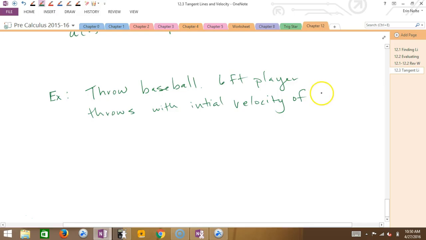Okay, with an initial velocity of how fast does somebody throw a ball? The average guy. 65? 60? 70. That's miles per hour. But let's just pretend for a second that we're dealing with feet per second.